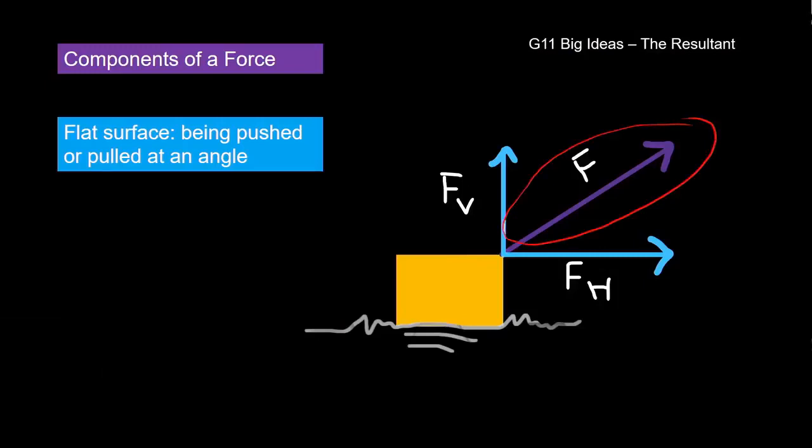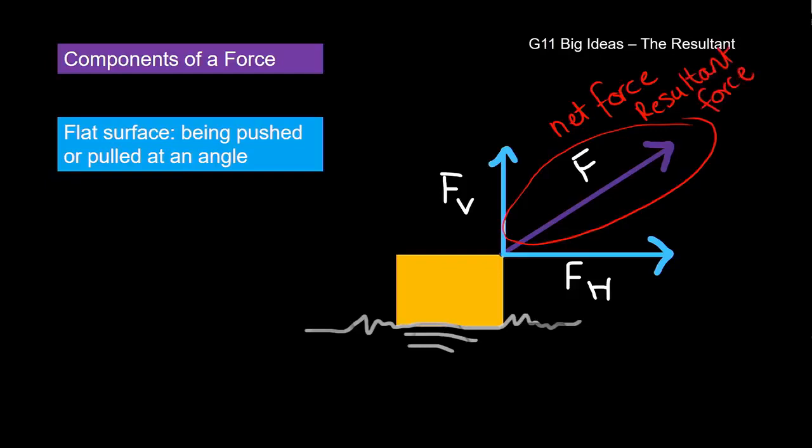So we speak about components of the main vector. In other words, we can call this purple vector the net force. I'm going to write it here, net force. Or we could call it the resultant force.